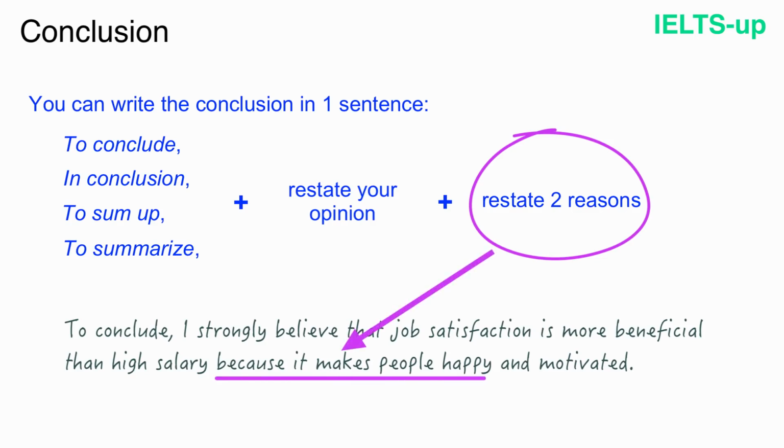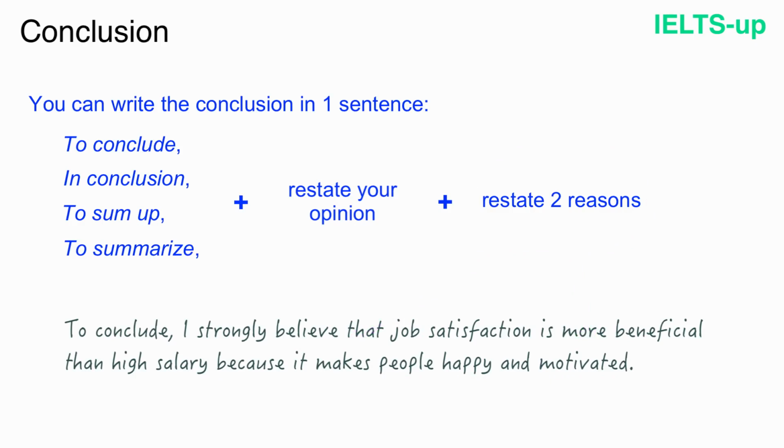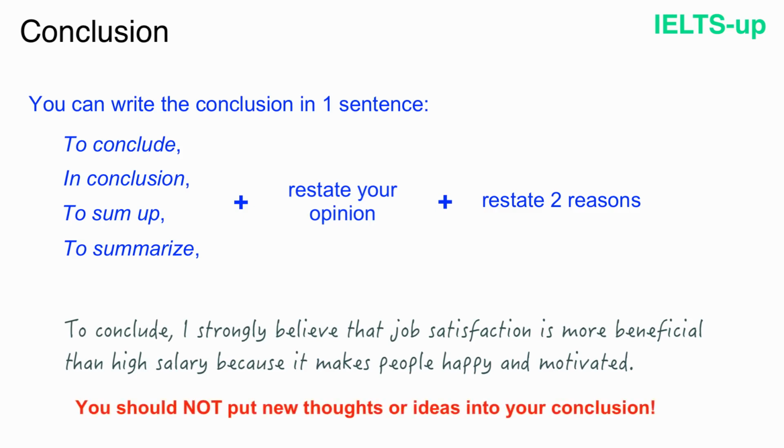Because it makes people happy, my first reason, and motivated, my second reason. The conclusion paragraph shortly summarizes all previous ideas without giving new information. That's why remember, you should not put new thoughts or ideas into your conclusion. You have already put your ideas into the body paragraphs.